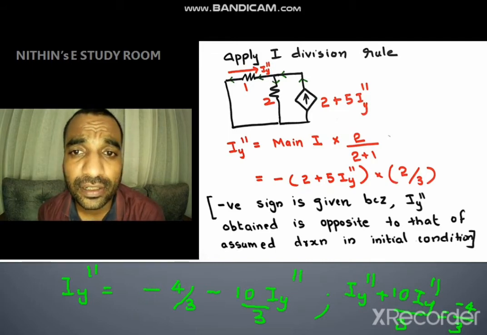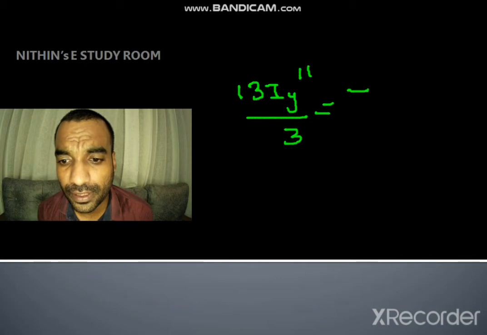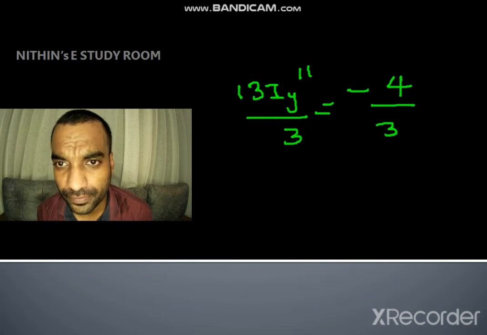It is 3 Iy double dash plus 10 Iy double dash. So by solving it we will get 13 Iy double dash by 3 is equal to minus 4 by 3.